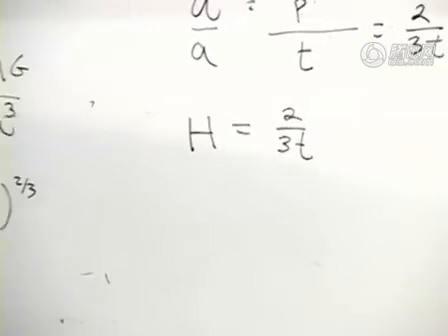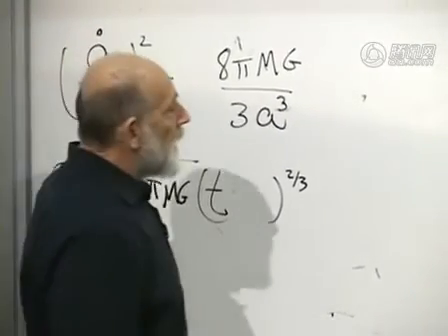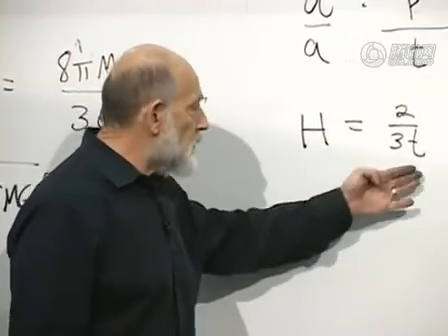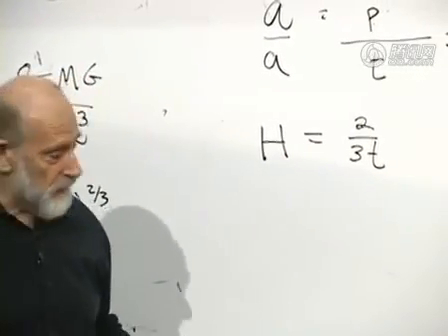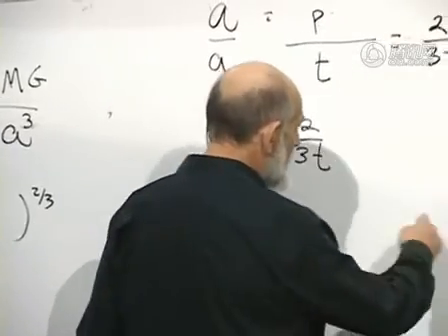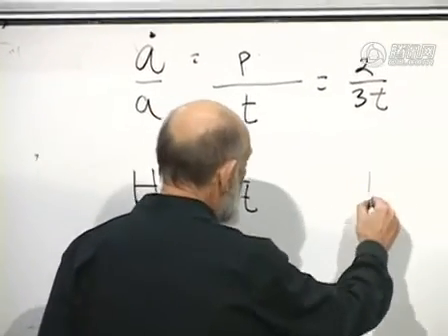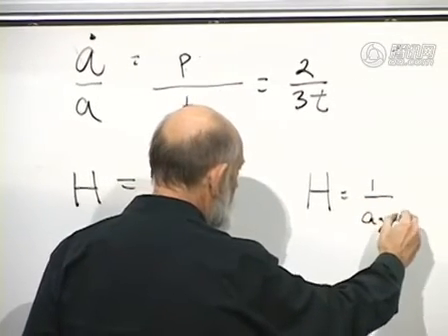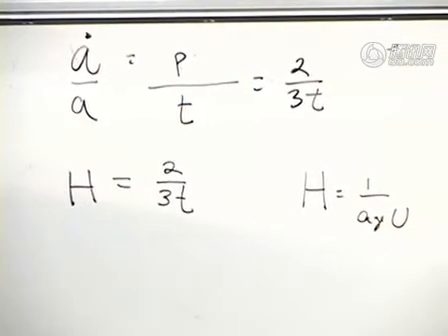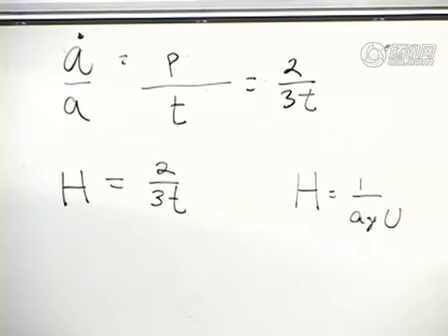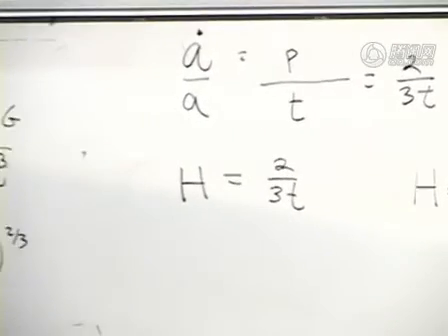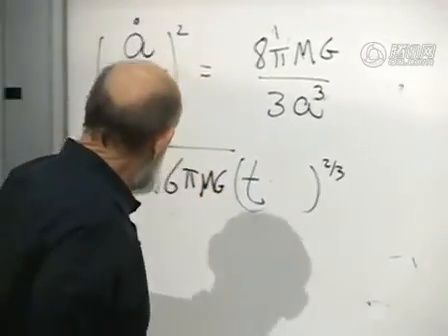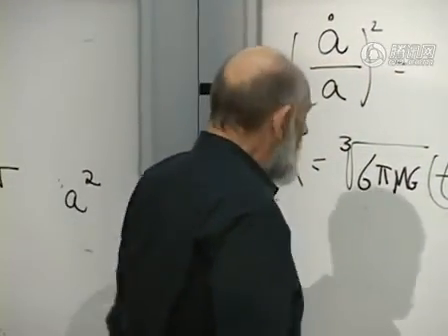Approximately, apart from this factor of 2/3, the Hubble constant is 1 over the age of the universe. So if we know the Hubble constant today, we can tell what the age of the universe is, or at least we can trace it back to the point where our equations might not make sense because they're too Newtonian.